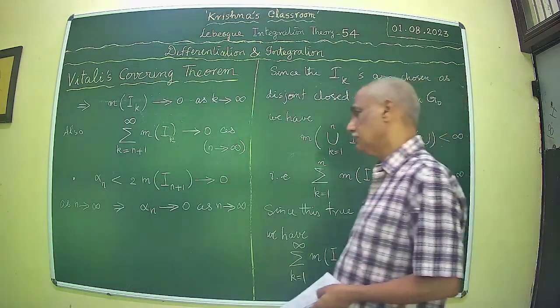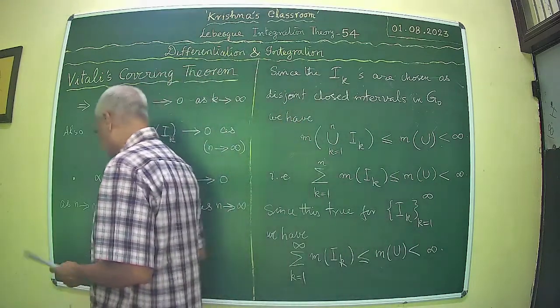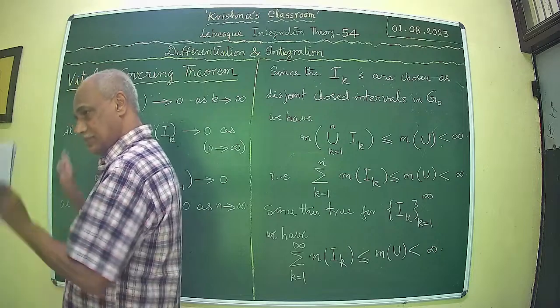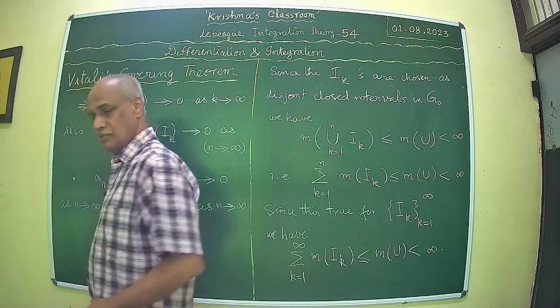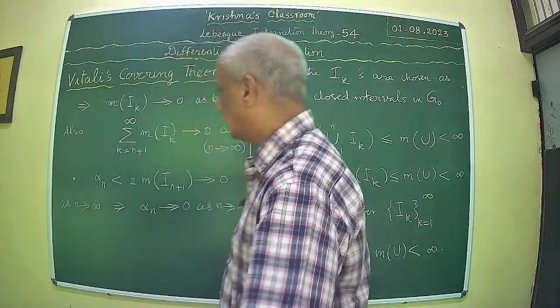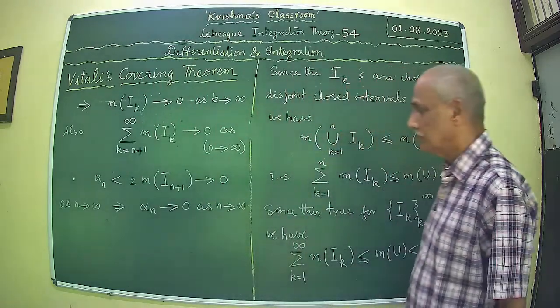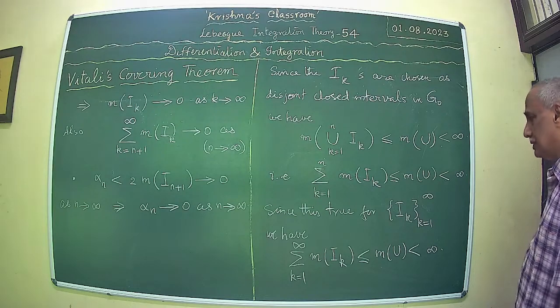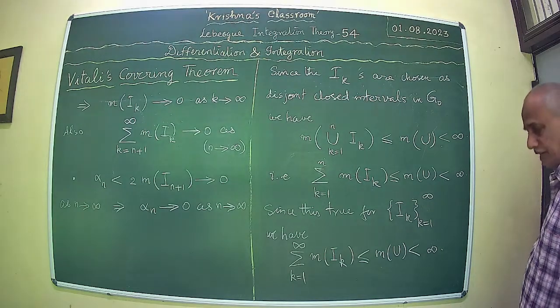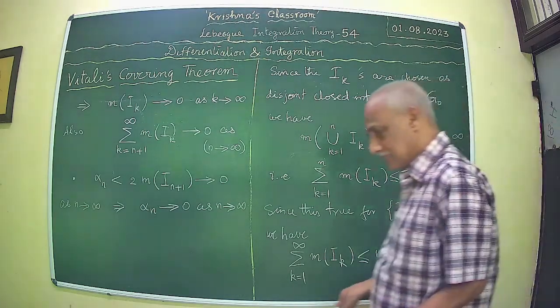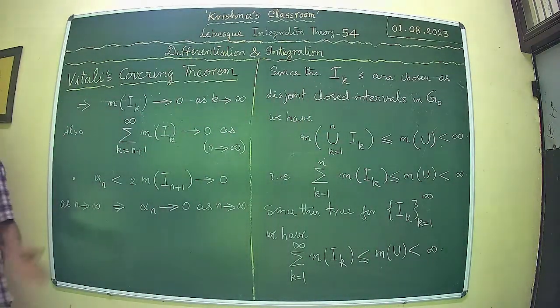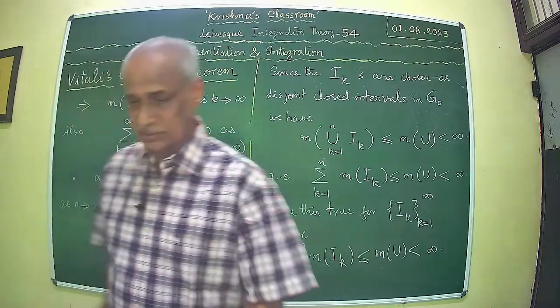Right. Now, I think this in a nutshell gives the mode of construction of the collection of sets I_k. If a finite collection works, then it's well and good. If it doesn't, then we are in this situation.